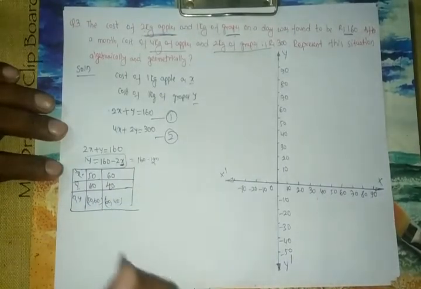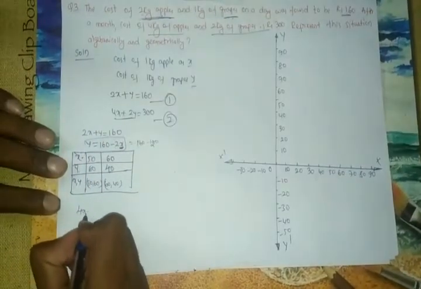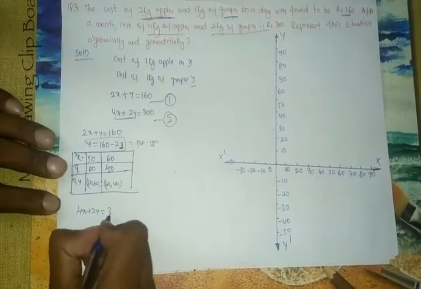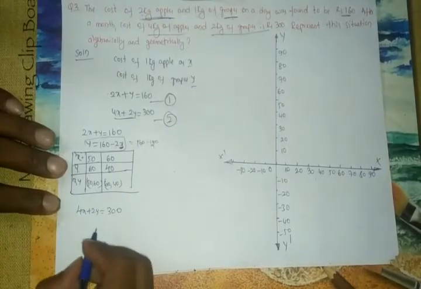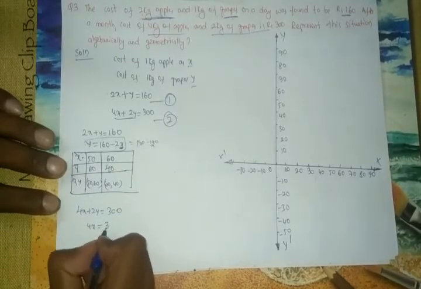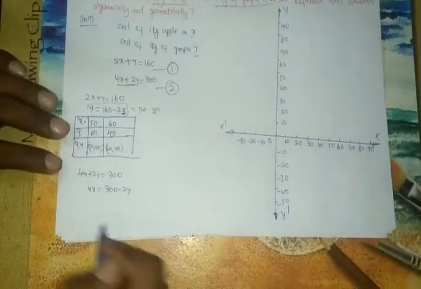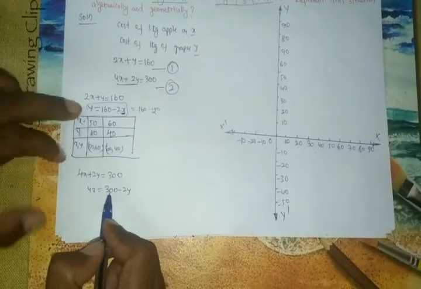Now for equation 2, that is 4x plus 2y equals 300, or 4x equals 300 minus 2y. I will try to get it in another way.